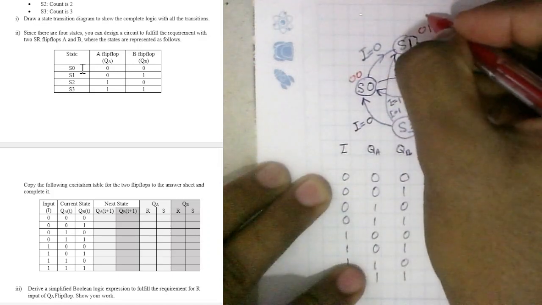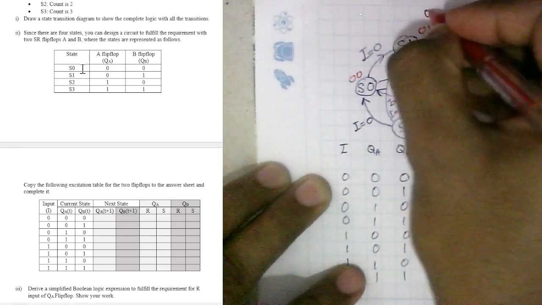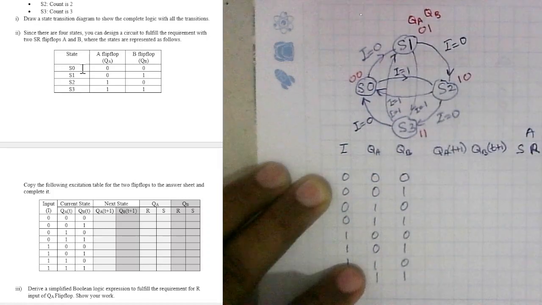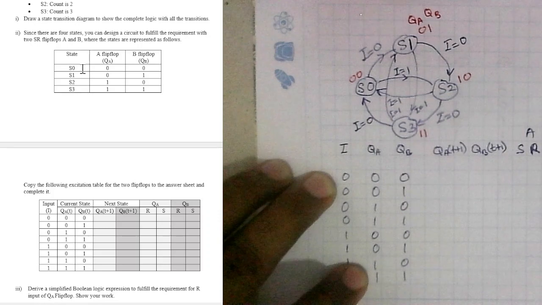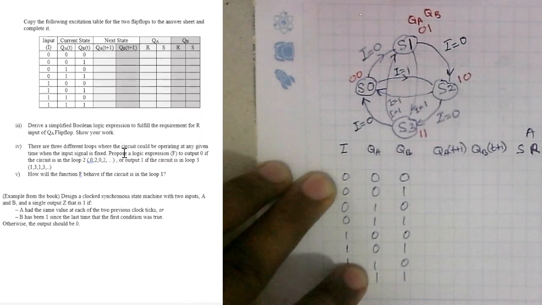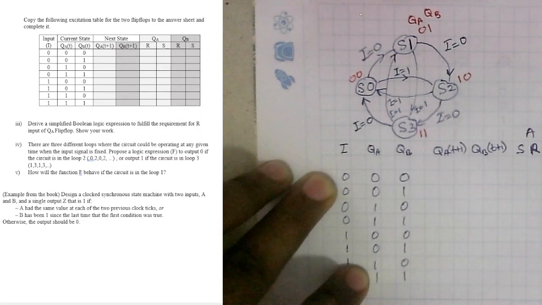So this is the order of QB here, and this is QA here. Okay, so you need to make sure your order is correct, otherwise it will be a little bit complicated. Now it is out of the way, and we can fill up the table.